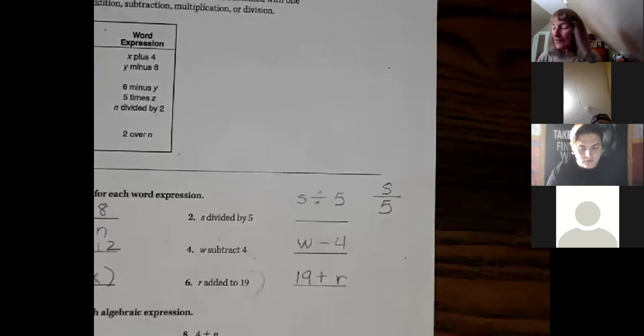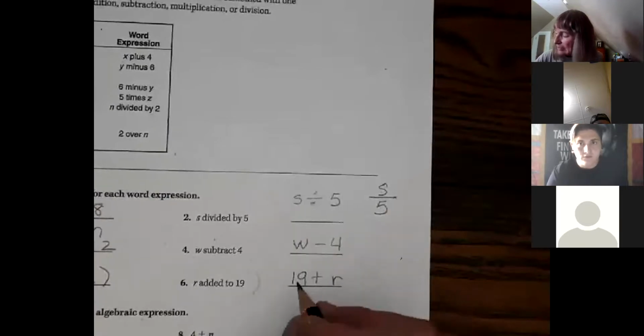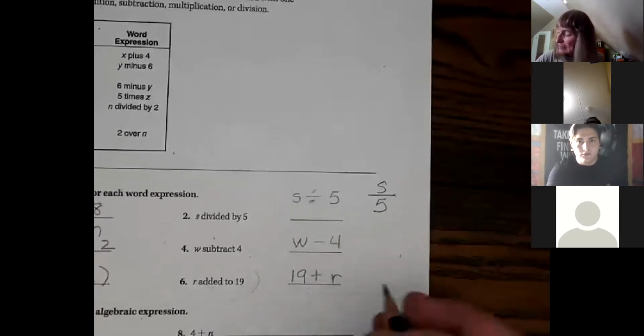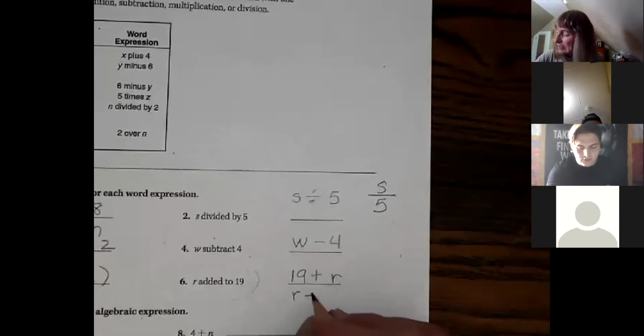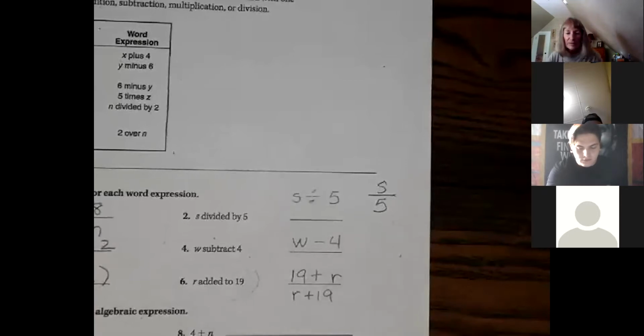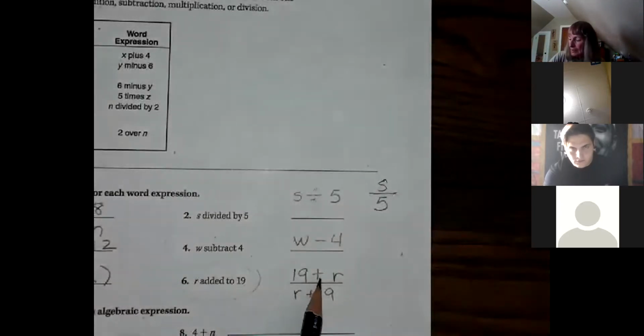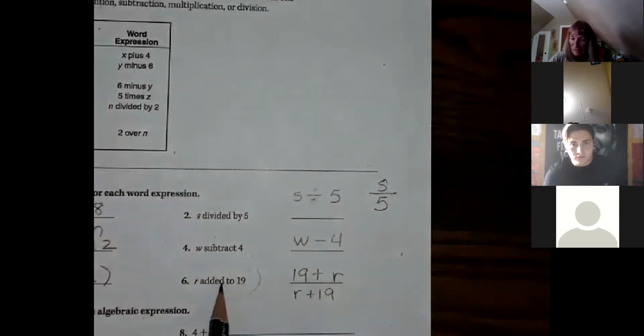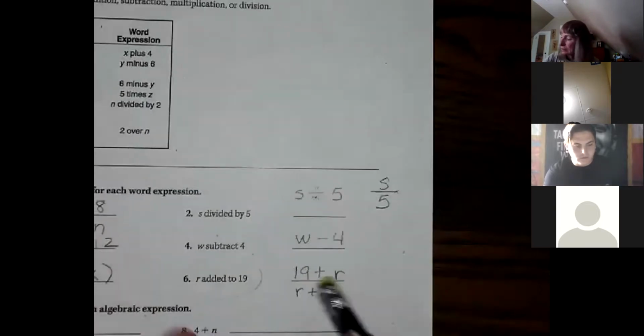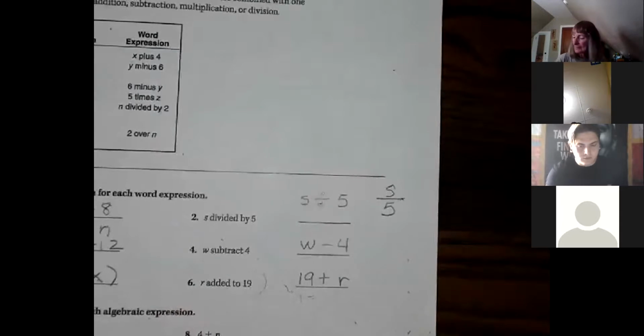Hopefully you've all done enough math that you know darn well that 19 plus r is going to give me the same result as r plus 19, because when we add, the order doesn't matter. But if we want to make the expression in symbols look just like the words, we'll leave it just like that.